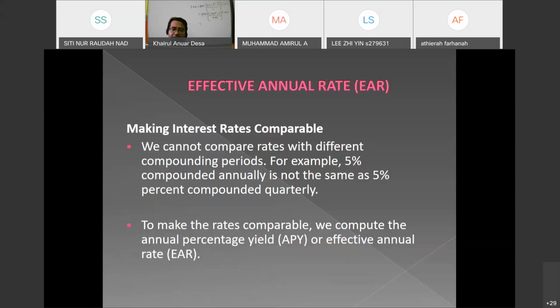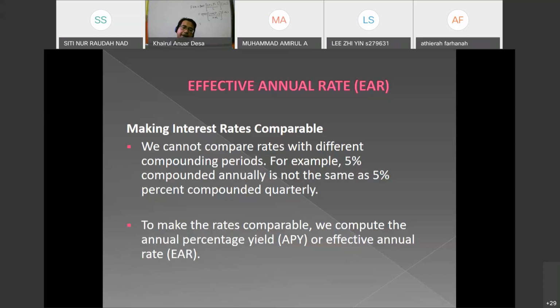Apabila kadar kekerapan pengkompoundan lebih tinggi, nilainya lebih tinggi. Okay, when we compound frequently, the amount is higher than only once a year. So adalah tidak wajar untuk membandingkan sekali compound dengan 12 kali compound dalam setahun.